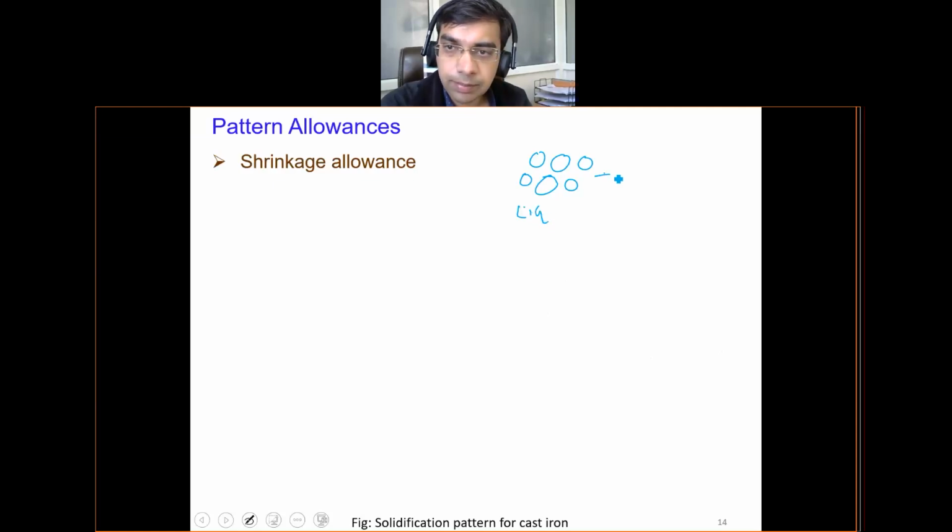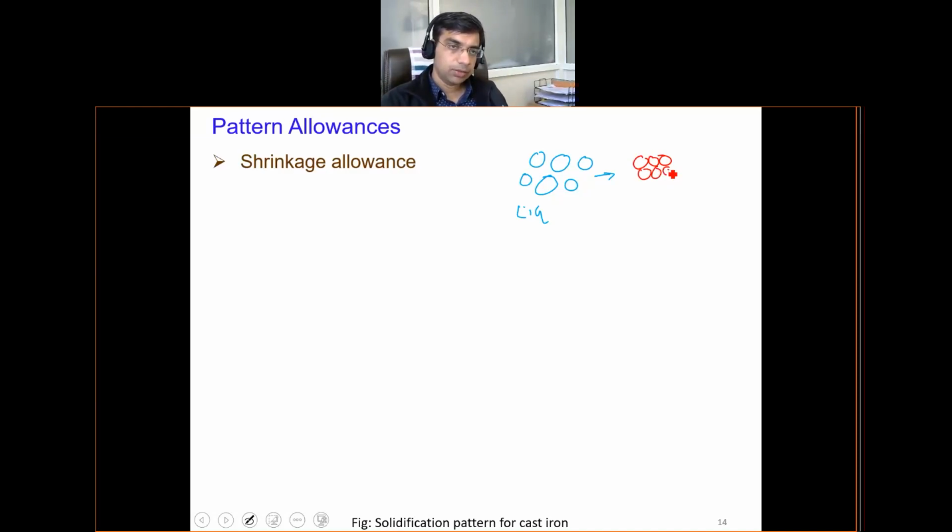It is liquid here. When it solidifies upon losing heat, the molecules will be tightly packed, or I can say the overall structure will shrink upon solidification.